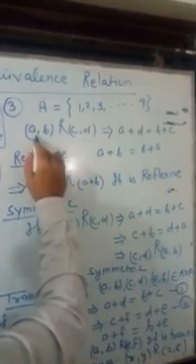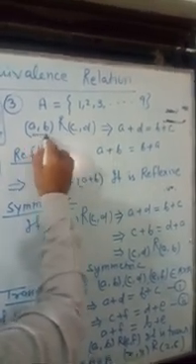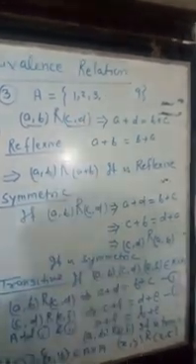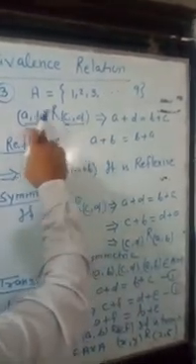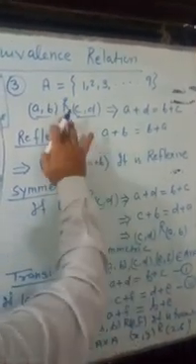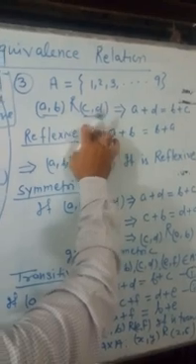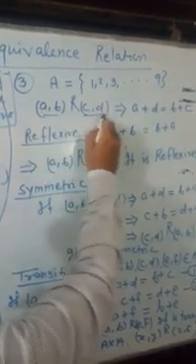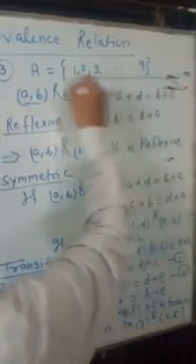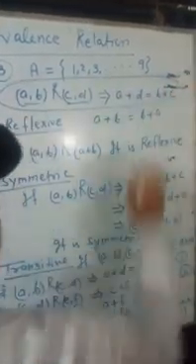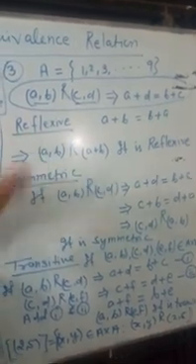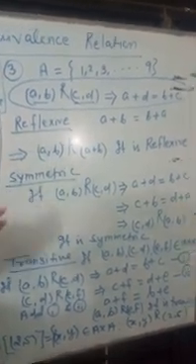Your rule is: (a, b) and (c, d) are arbitrary elements of the relation, these ordered pairs come under the relation. The rule is (a, b) R (c, d) if a plus d equal to b plus c. This is your rule of the relation. Now you have to prove whether this is an equivalence relation or not.